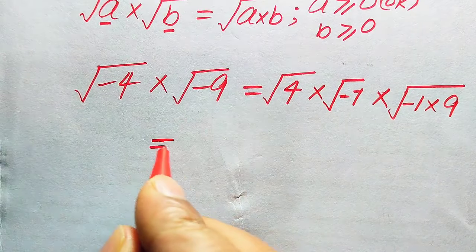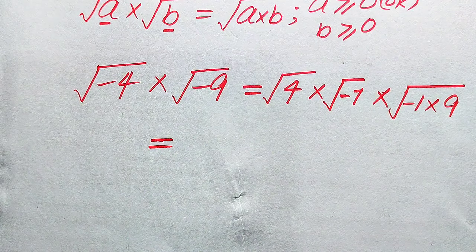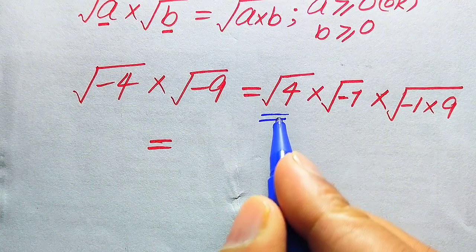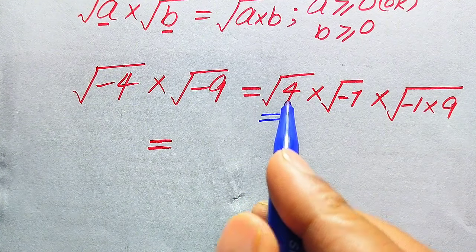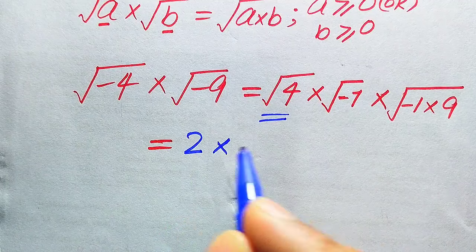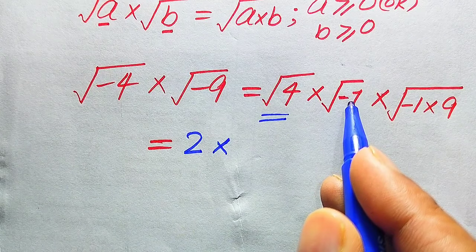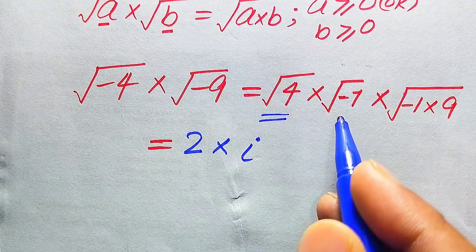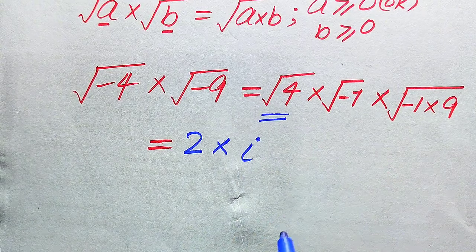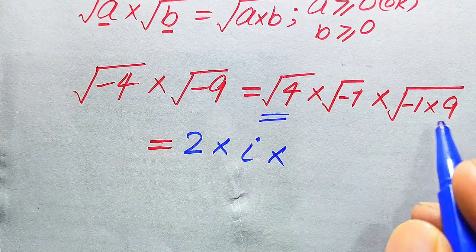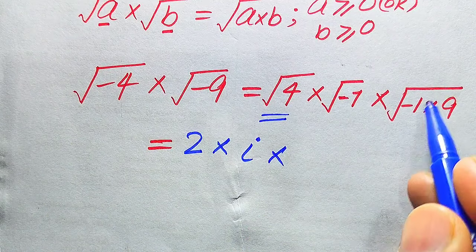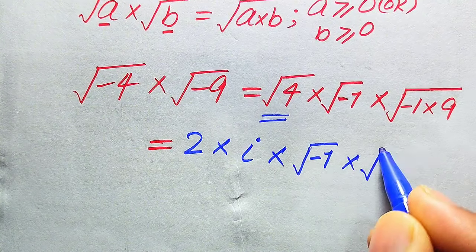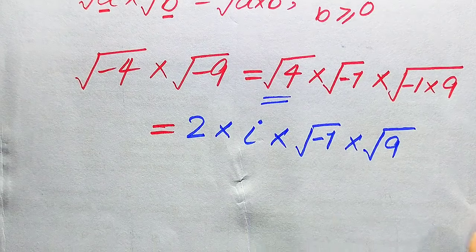Now we further separate the square root on both of these values. The square root of 4 is equal to 2, multiplied by the square root of minus 1, which is equal to iota, and you know that iota is the imaginary unit. So we solve this problem with the help of iota. This is multiplied by the square root of minus 1 multiplied by the square root of 9.